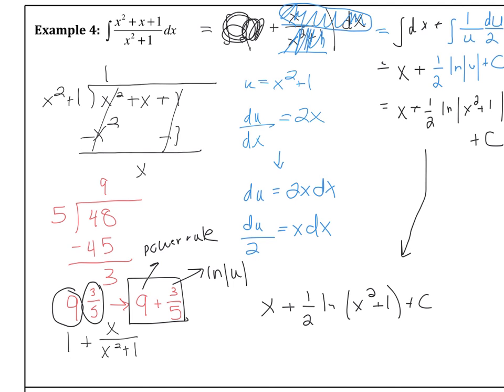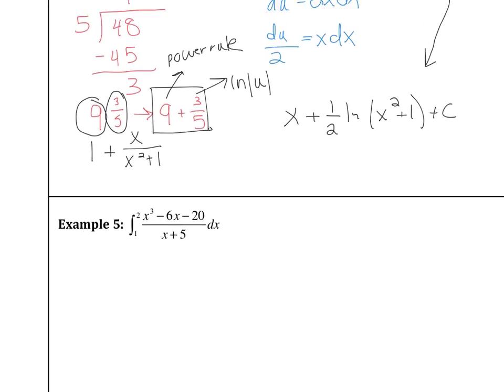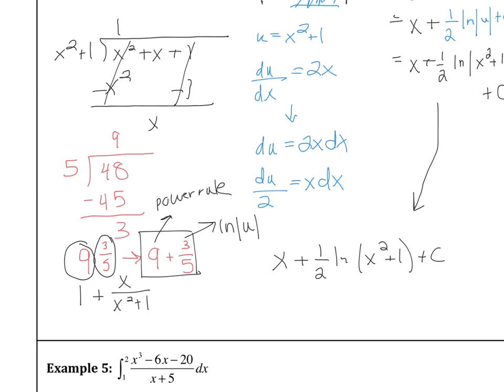And usually, all right, now let's talk technique and strategy. The long division is something that you will attempt when you notice that the degree of your numerator is equal to or greater than the degree of your denominator. So let's just write that down.